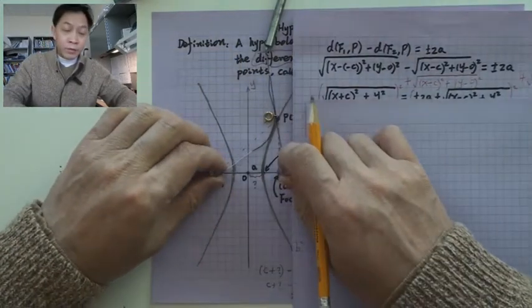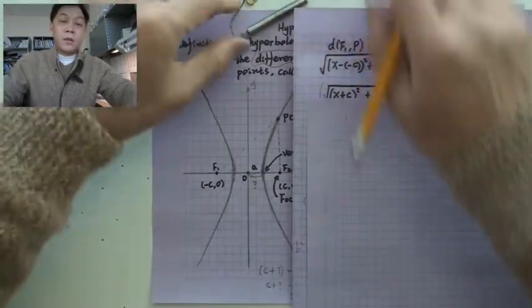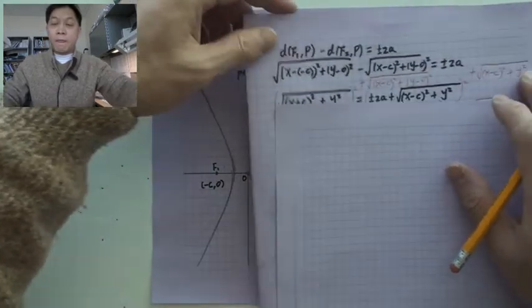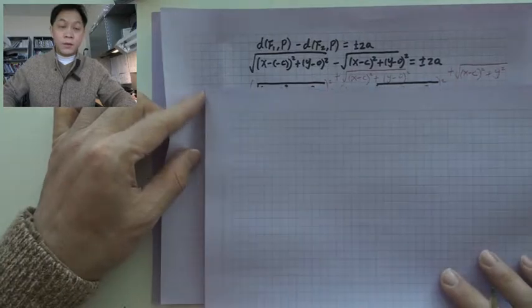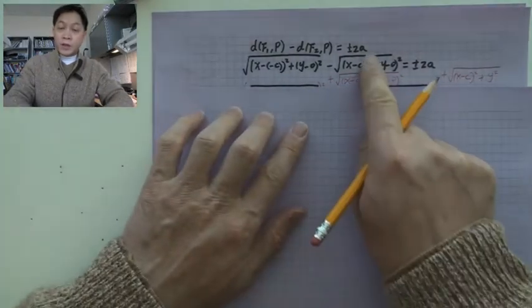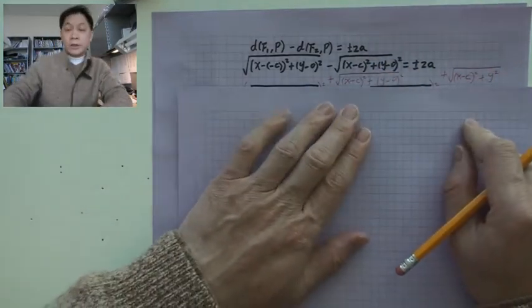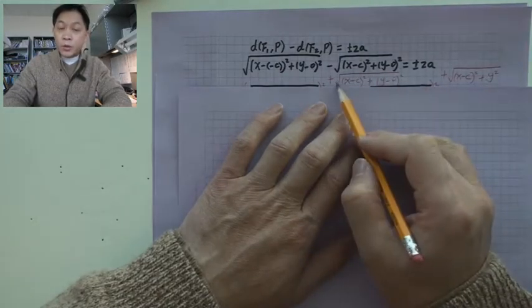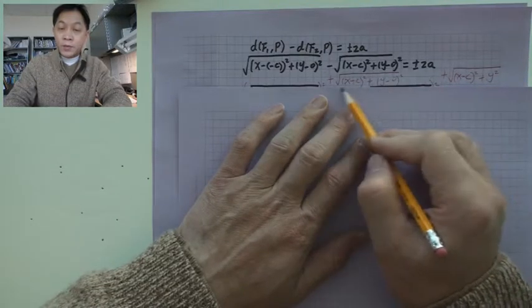Here are the algebra steps. Step 1: we want to move this quantity to the right-hand side. So both sides add the same quantity, the square root of x minus c squared plus y minus 0 squared.